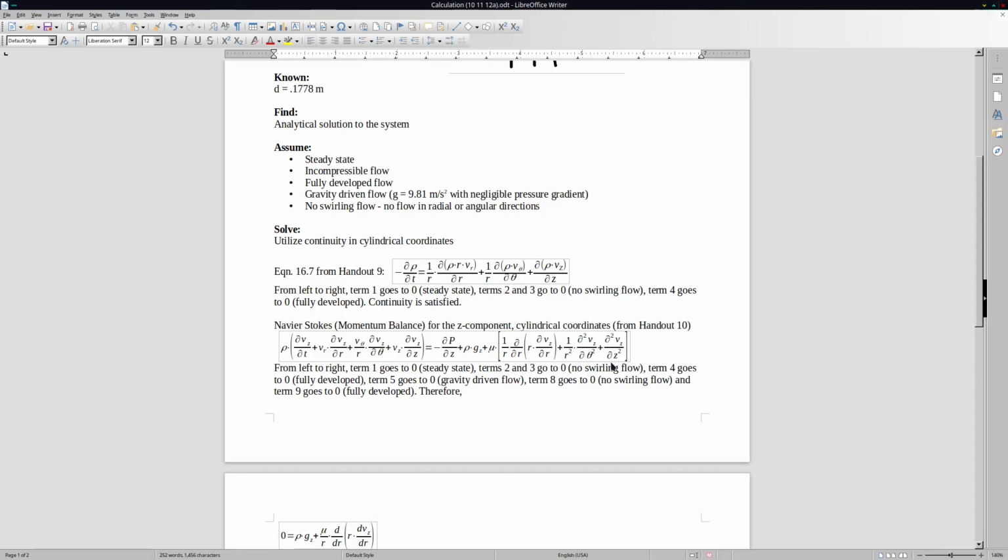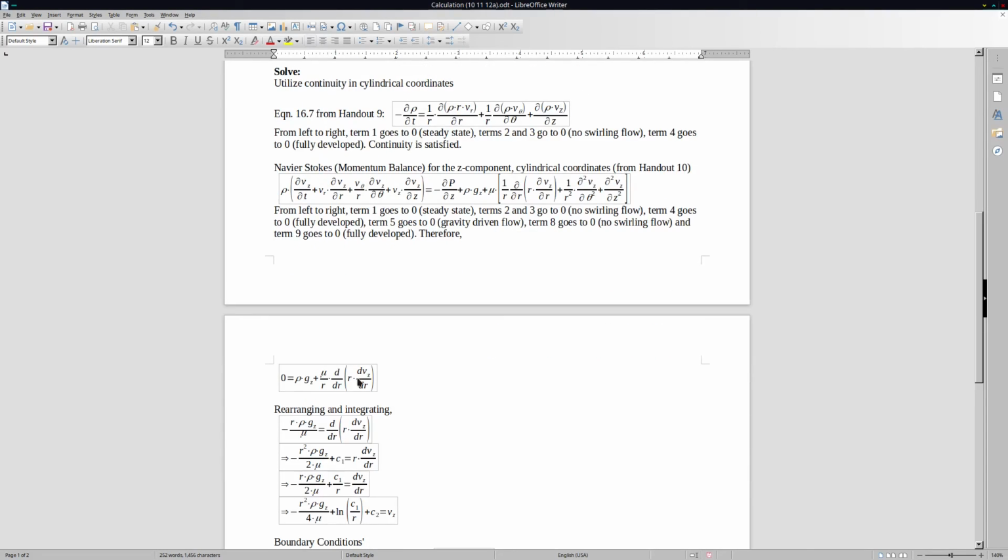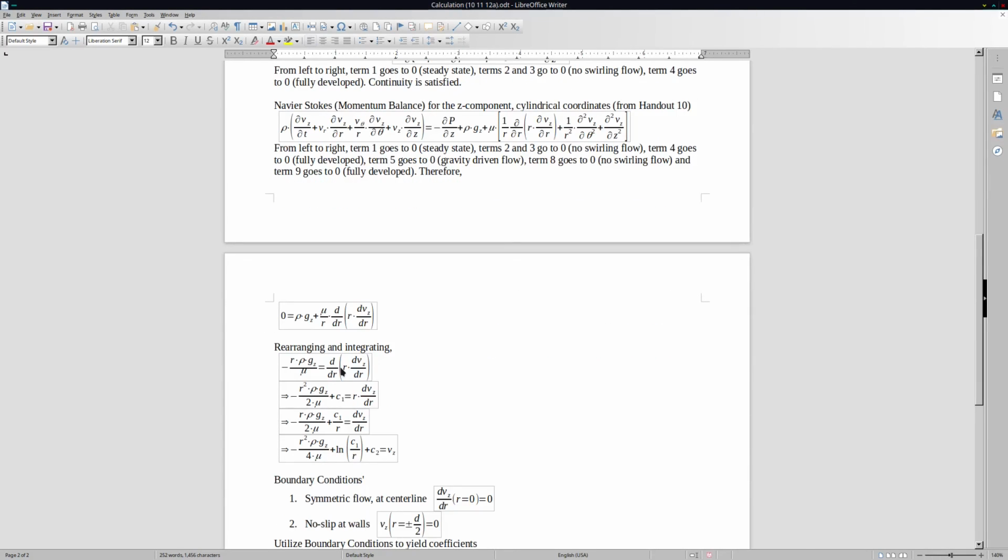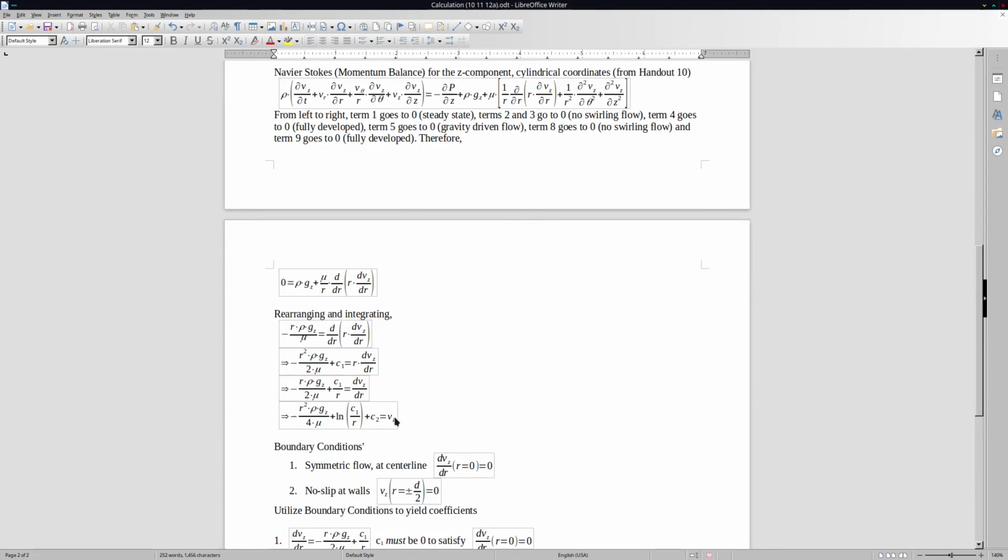And then this term is going to go to 0 because it's fully developed. There's no variance with the z direction. Therefore, we get this, which we can rearrange and integrate until we find an equation for that velocity in the z direction as it varies with radius.